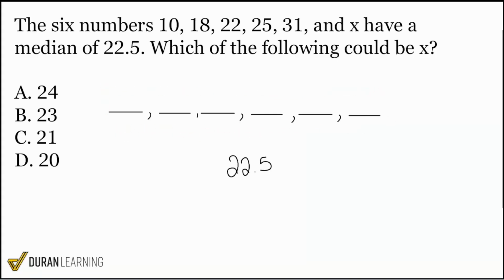And what we need to understand before we continue is that the way that we get to this number is going to be by taking the 2 numbers in the middle, right over here and right over there, and we find the average. That's how we would technically get there if we knew what all 6 numbers were.